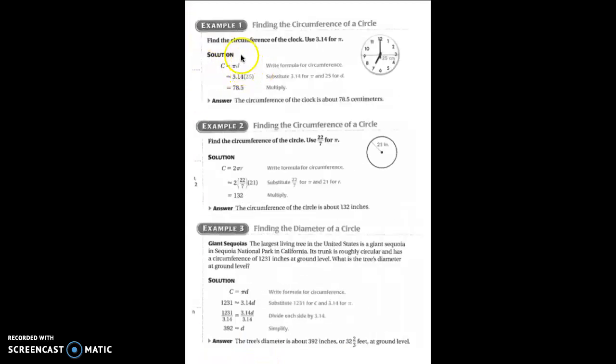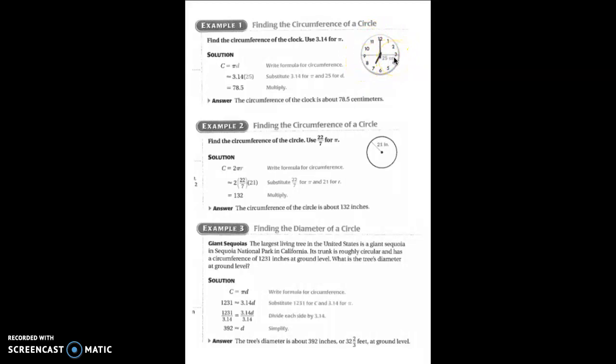Knowing these formulas is extremely important. Once you know these formulas and you know how to use them, it becomes very easy. For example, right here we have circumference equals pi times d. Obviously we know that pi is 3.14, and it says that the diameter of this clock is 25 cm.